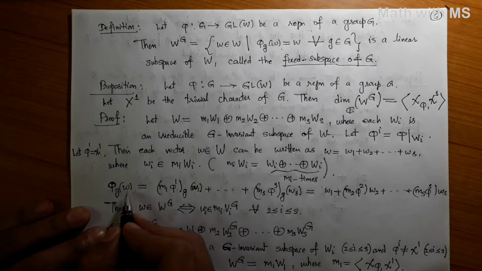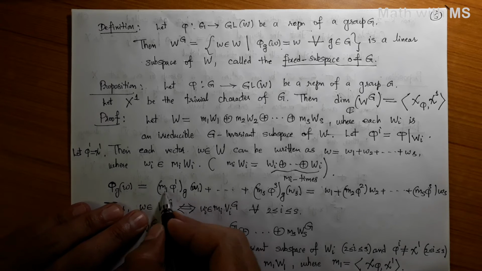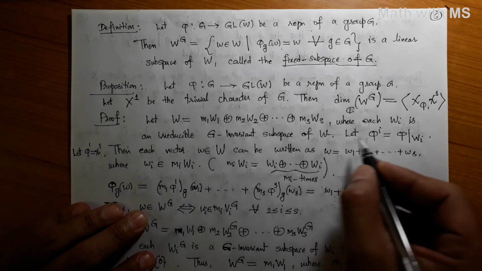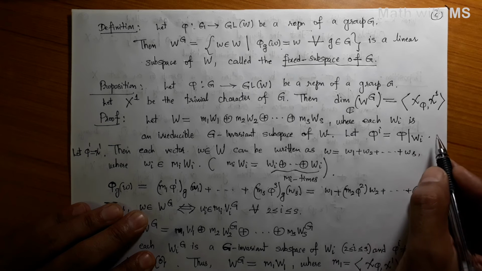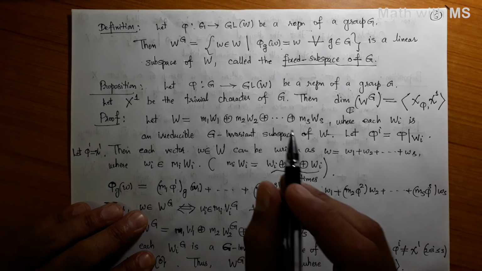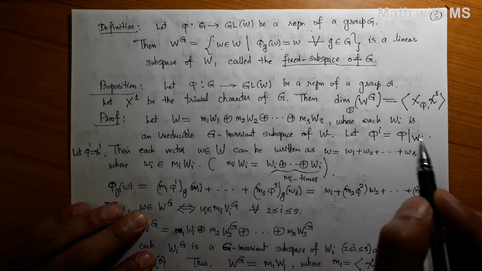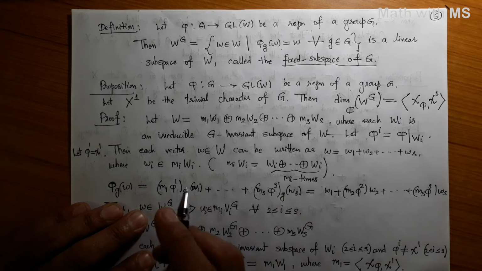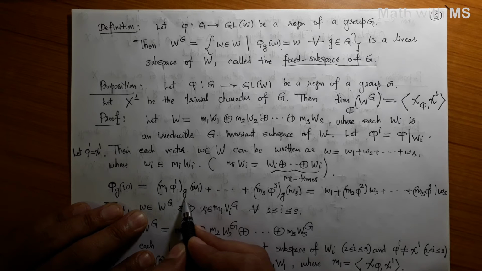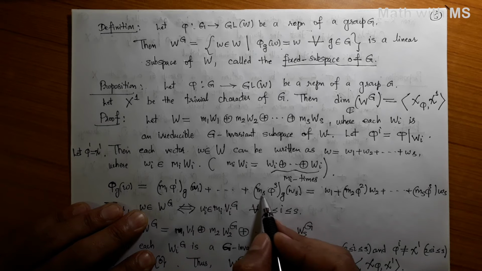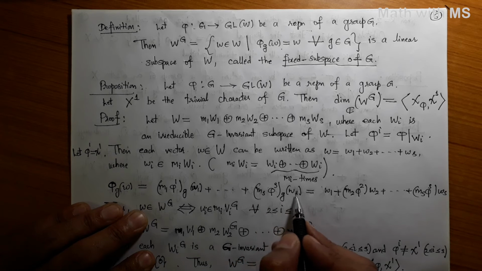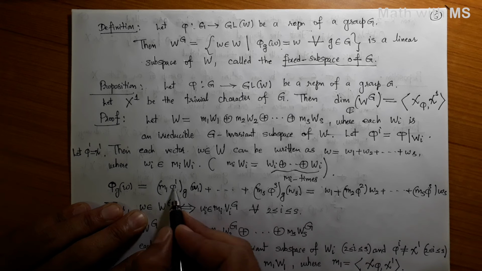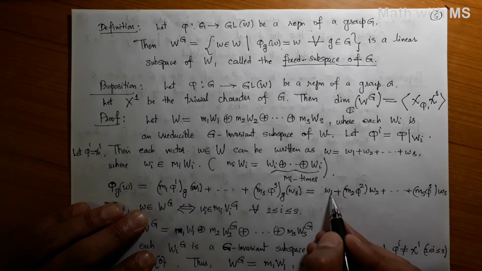So phi subscript g of w can be written as, because phi is a direct sum of phi_1 plus phi_2 plus so on phi_s, and note that phi_i will act trivially on wj. So you will be left with only this expression, which is m1 copies of phi_1 at g acting on w1 and so on, ms copies of phi_s at g acting on the vector ws. But phi_1 is a trivial character, it acts trivially, so it is just the vector w1.